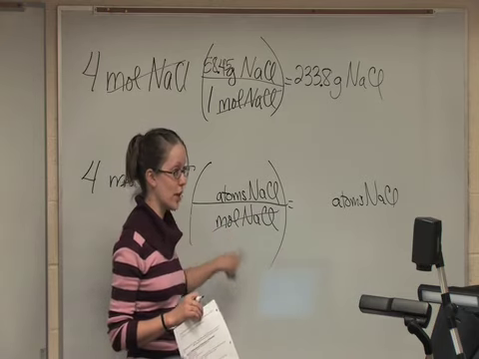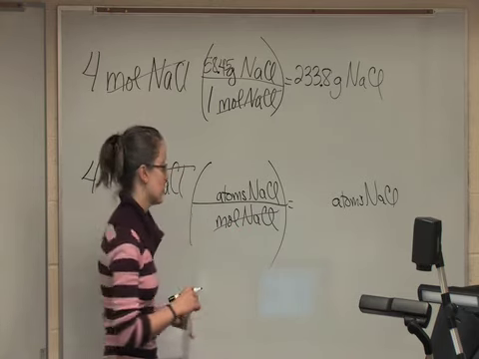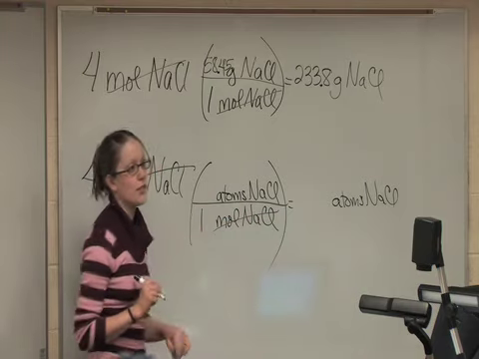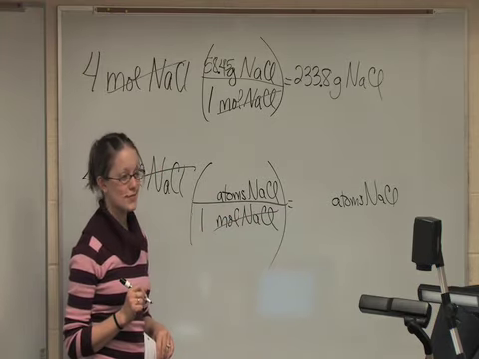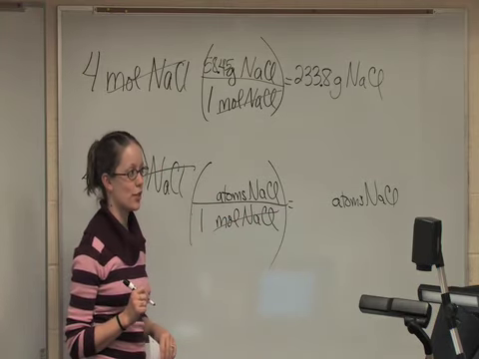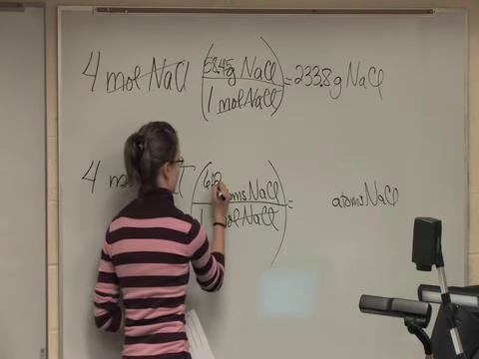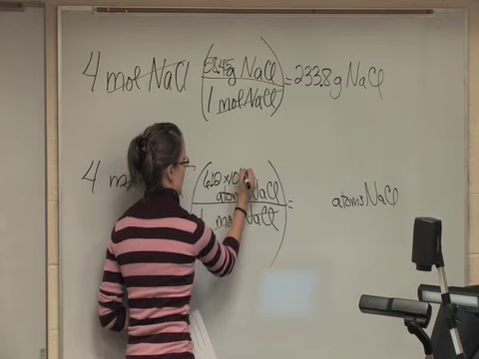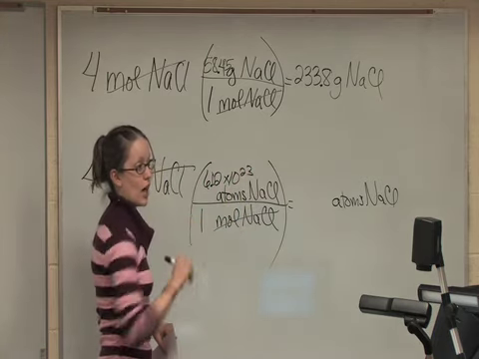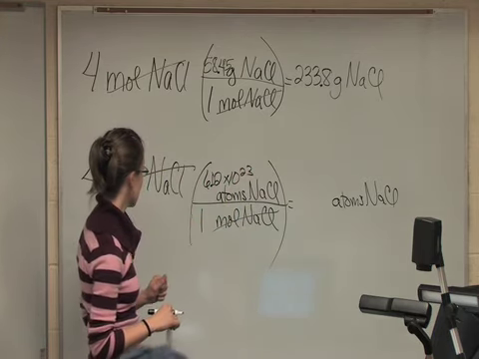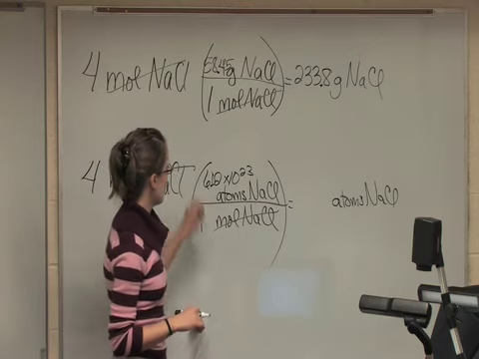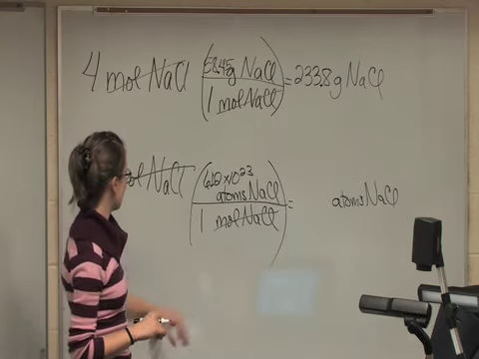So if we have moles in a parenthesis, what number goes there? If we have atoms in a parenthesis, what number goes there? 6.02 times 10 to the 23rd, which is Avogadro's number. So our labels are good, our numbers are in, we have our label for our answer.